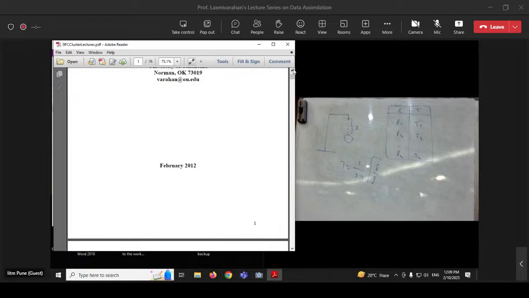The unknown could be on the left-hand side or the right-hand side. With me? The knowns are not on one side. The knowns are on both sides. The unknown could be on any side. With me?